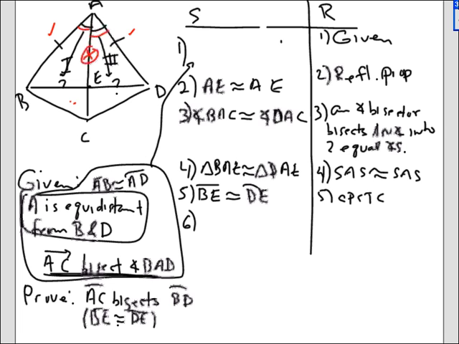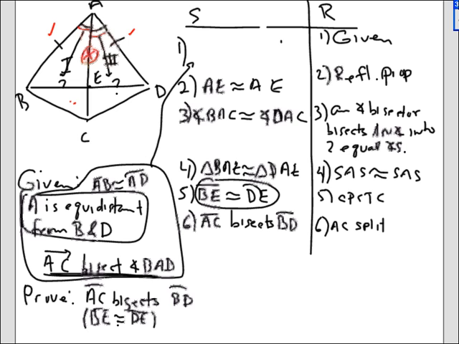Now number 6. I can say that AC bisects BD. The reason is that any line that splits a line into two equal parts is a bisector. AC split BD into two equal parts, namely BE and DE.